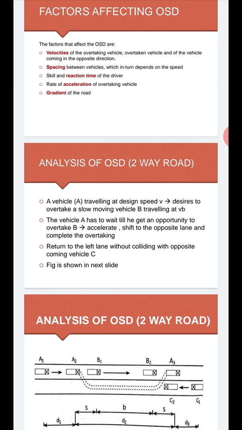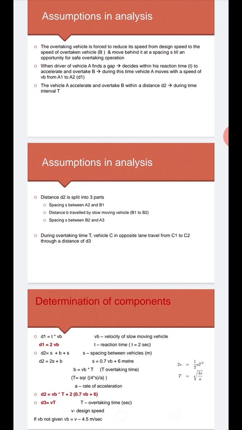Then small d2 is the distance the overtaking vehicle moves from A2 to A3, which is b plus 2s. And small d3 is the distance the oncoming vehicle moves from C1 to C2. The same explanation is given here in the initial two slides, the analysis part.